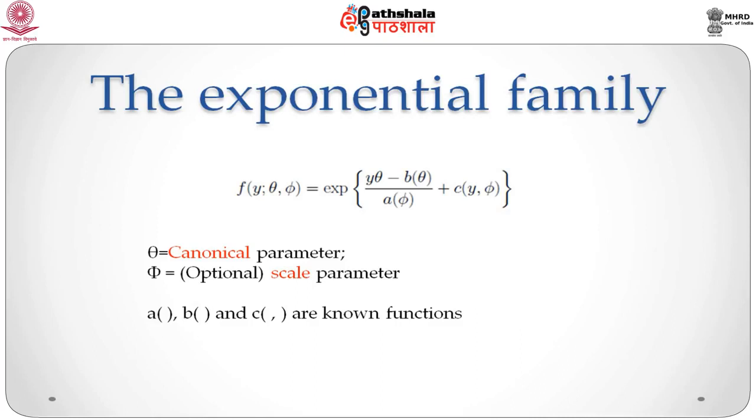Phi is a scale parameter, and note that it is optional in the sense that it may or may not be present. In fact, for two very common examples such as the Poisson and the binomial, there is no additional scale parameter. The normal distribution is an example of an exponential family which includes a scale parameter. In this definition, the functions b, a, and c are all assumed to be known.